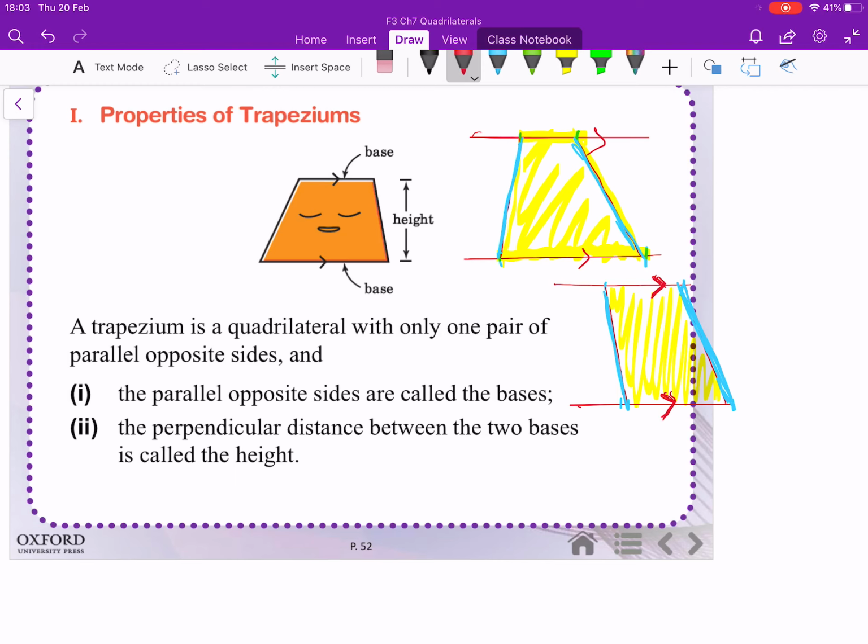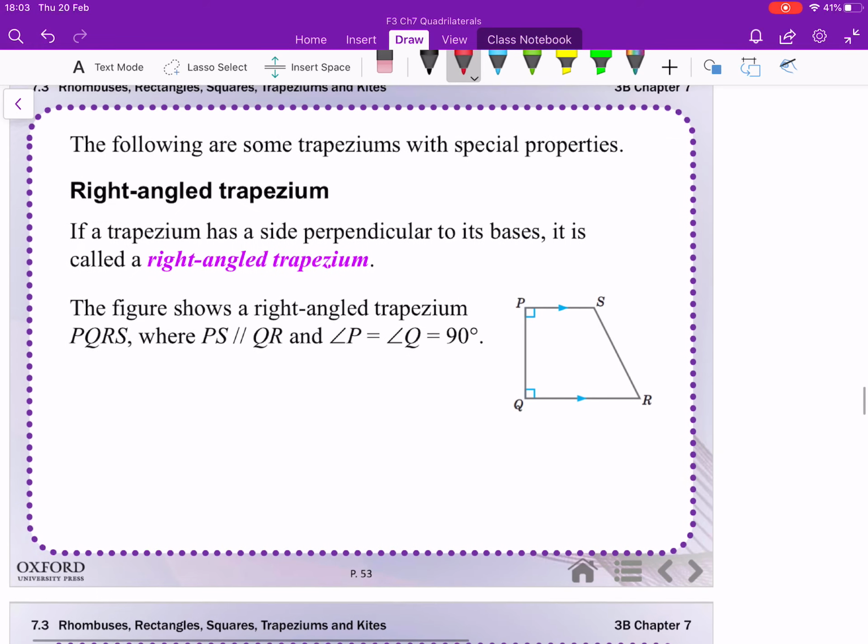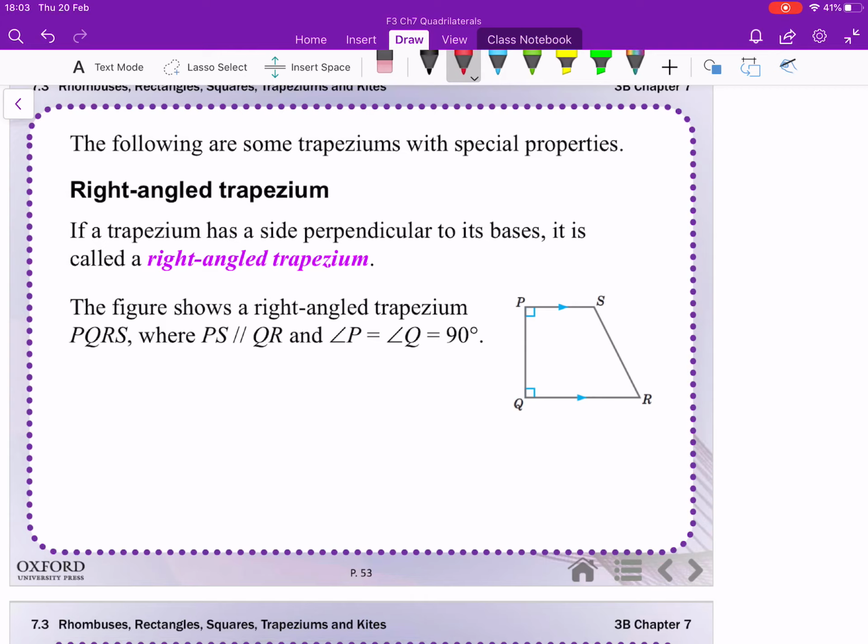So come back here. We have some special names for some special trapeziums. We have 2. The first one: if the transversal here forms a right angle with the 2 parallel lines, we can say that this is a right angled trapezium.